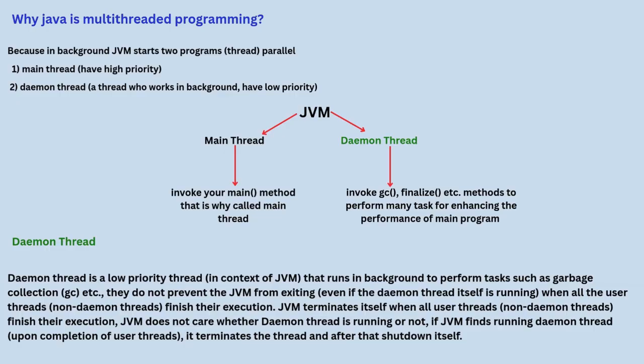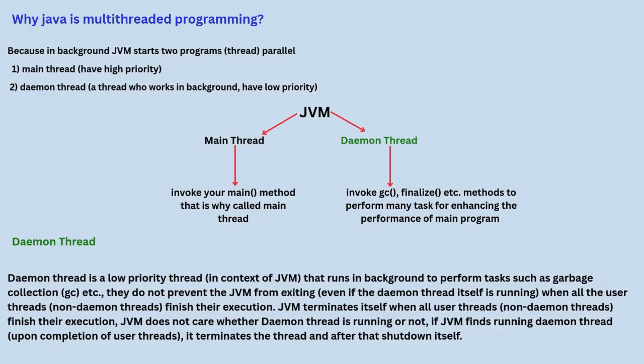JVM does not care whether a daemon thread is running or not. If JVM finds running daemon threads upon completion of user threads, it terminates the threads and after that shuts down itself. So now you understand what a daemon thread is?